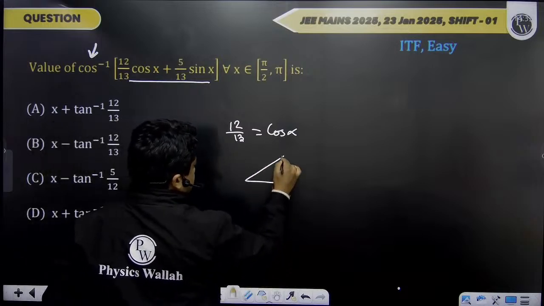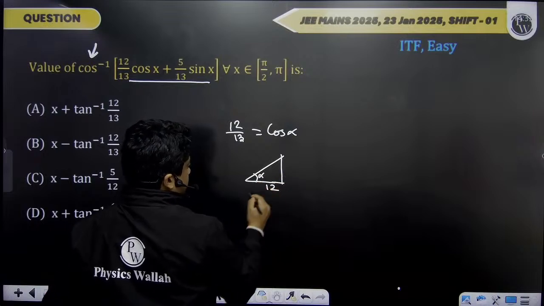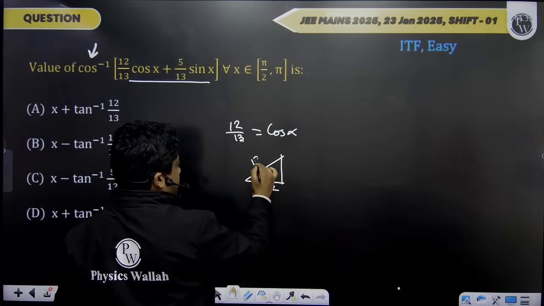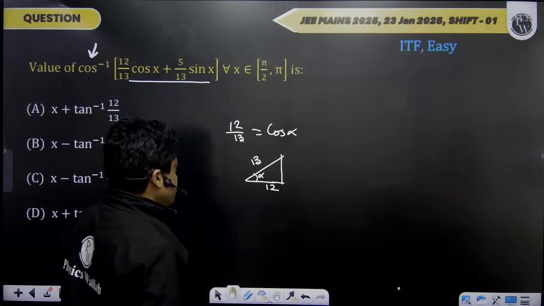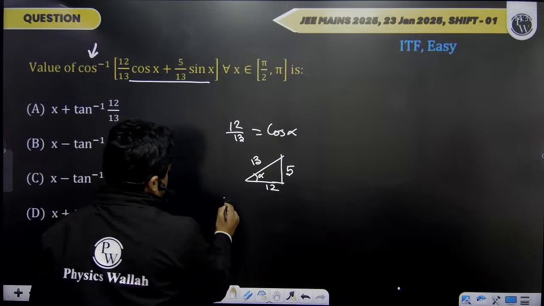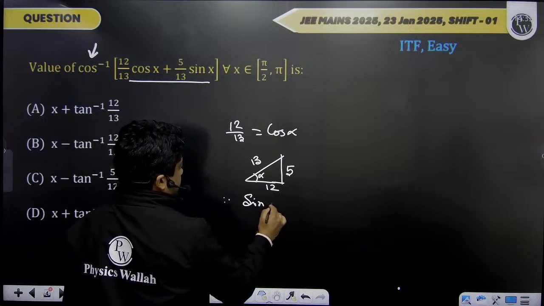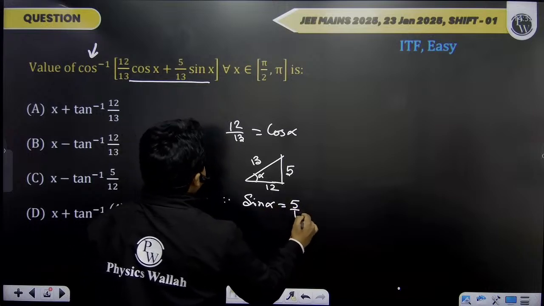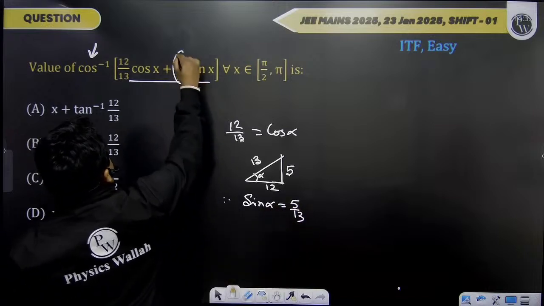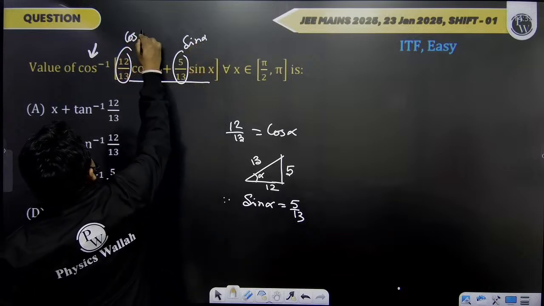So if cos alpha equal to 12 by 13, so this will be my 12 and the hypotenuse will be 13. By Pythagoras, this will be 5, right? So therefore, what will be sin alpha? Sin alpha will be equal to 5 by 13. So this quantity will become sin alpha and this is cos alpha.